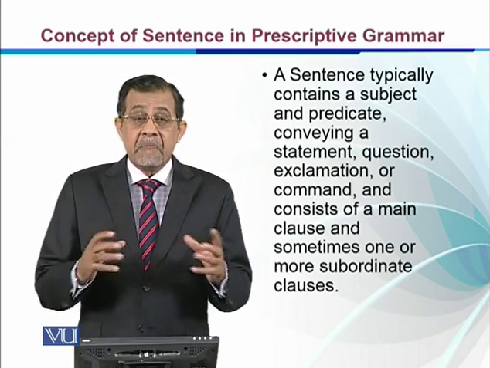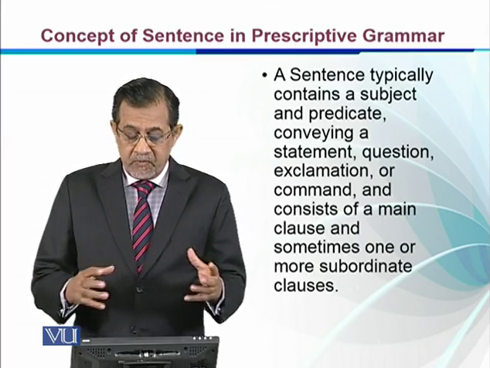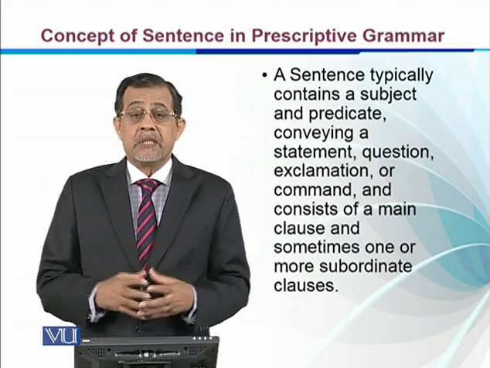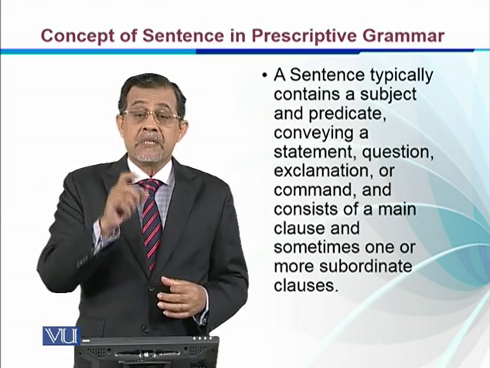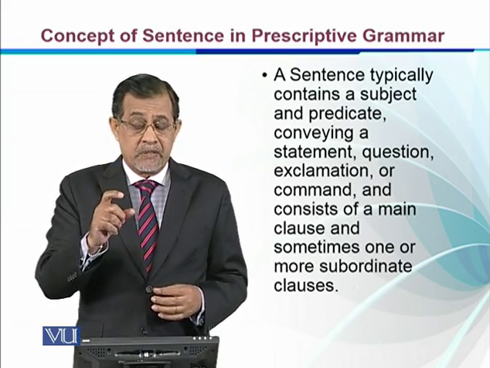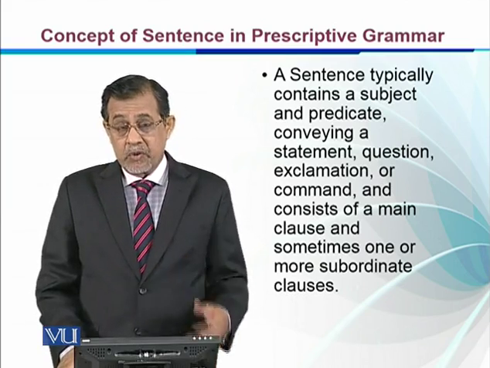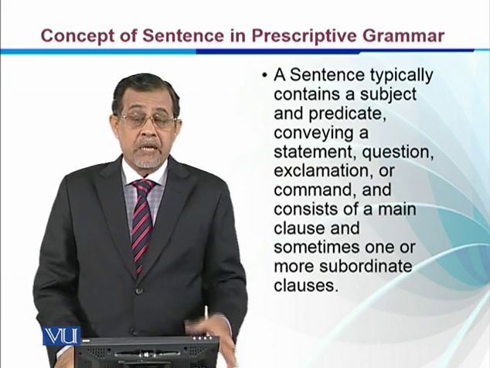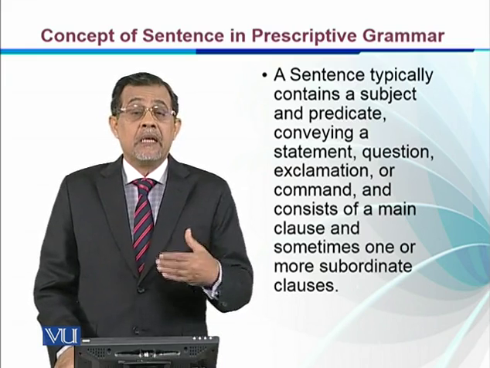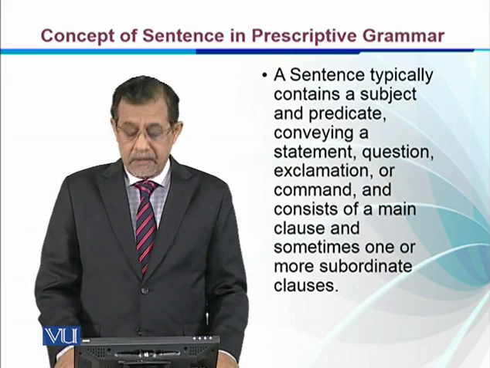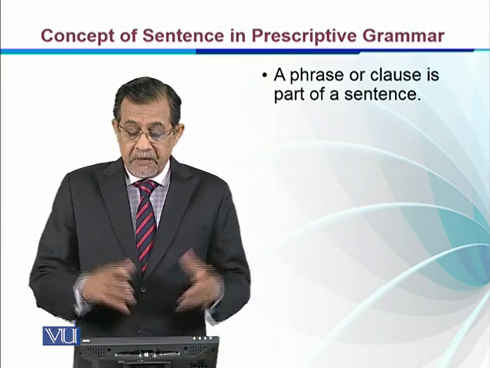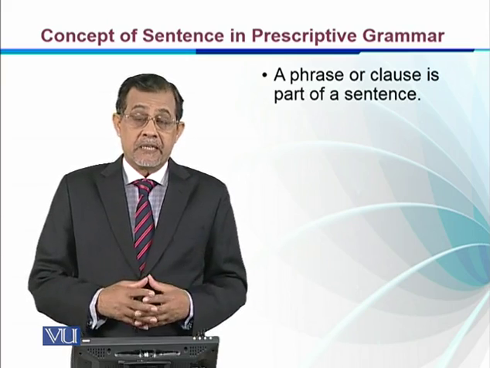A sentence consists of a main clause and sometimes one or more subordinate clauses. One thing about sentences is that they must have a clause, or there can be more than one clause in a sentence, and one or more subordinate clauses.